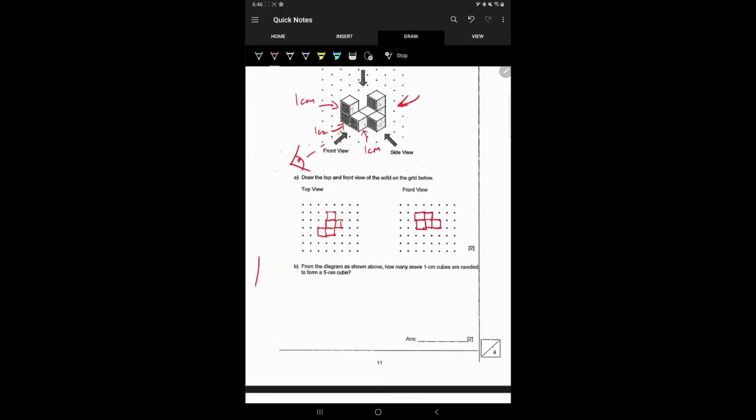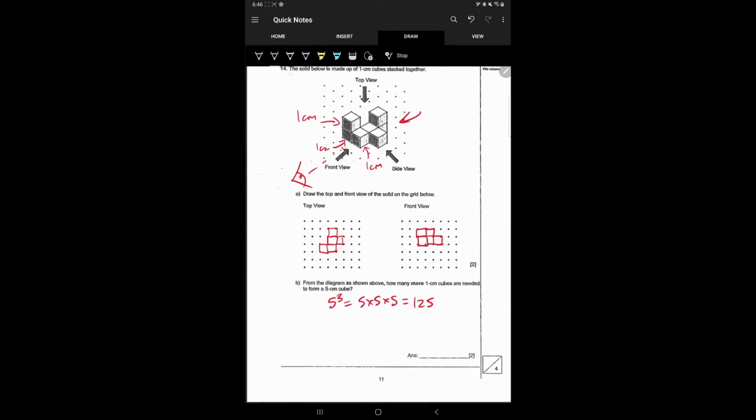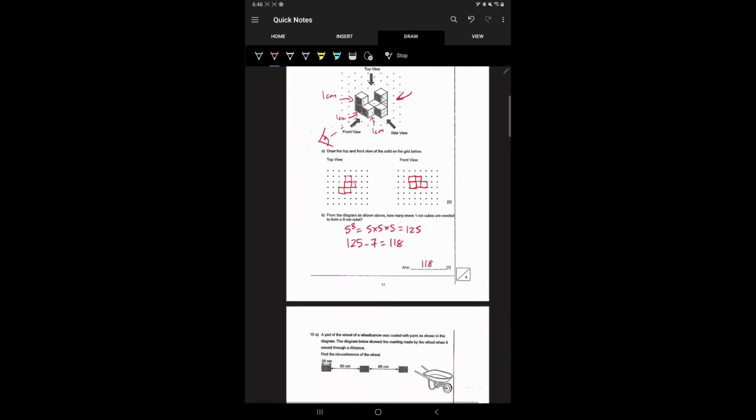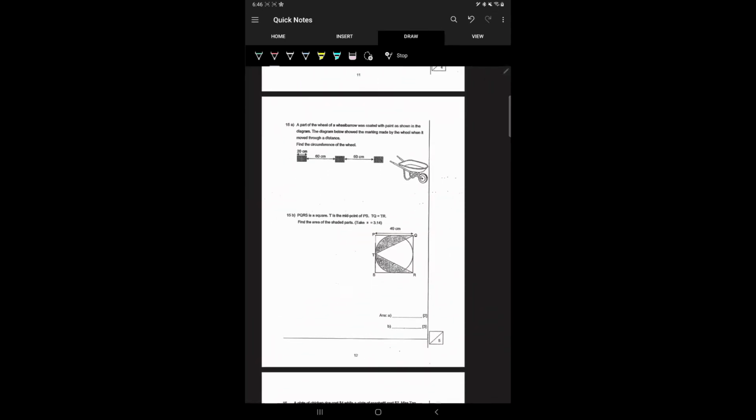So the total volume of a 5 cm cube will be 5 cube, or 5 times 5 times 5, which is 125. Now you have how many cubes? 1, 2, 3, 4, 5, 6, 7. You got 7 cubes. So 125 minus 7. You need 118 more cubes basically. So that is your answer.